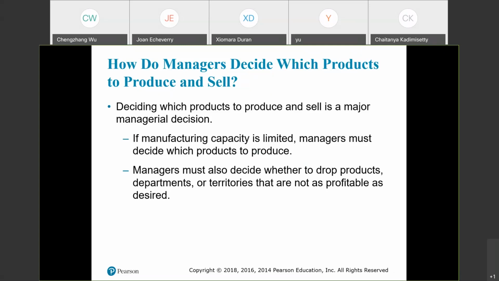So let's look at how these decisions are made, beginning with some of the questions.